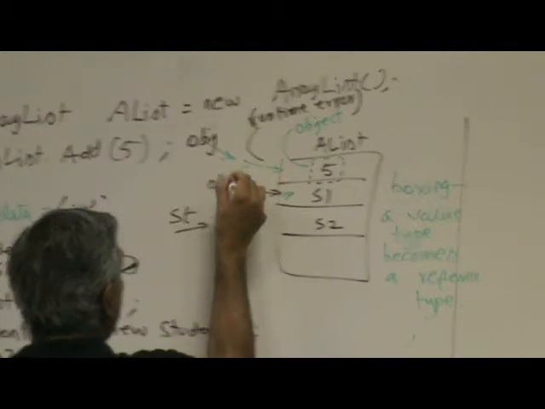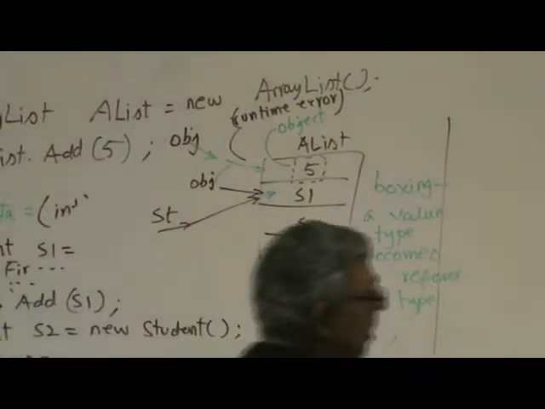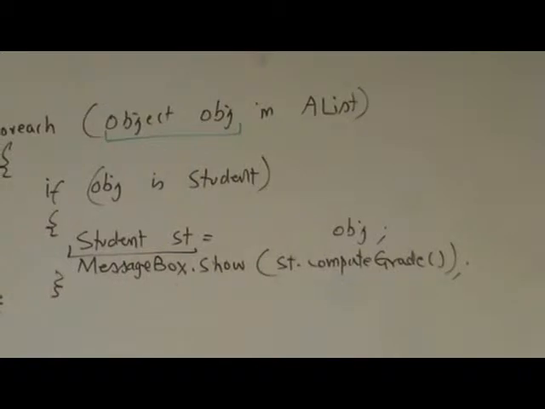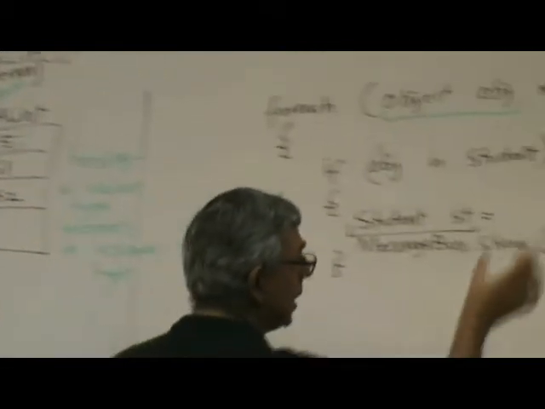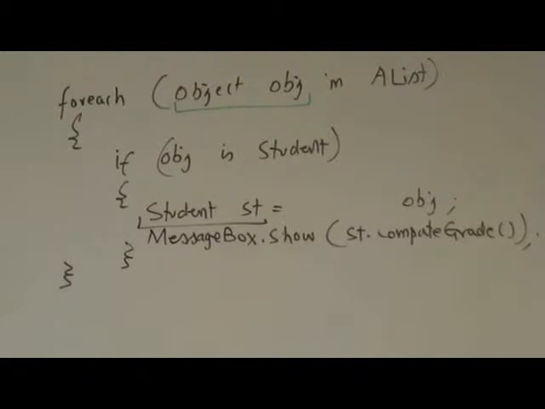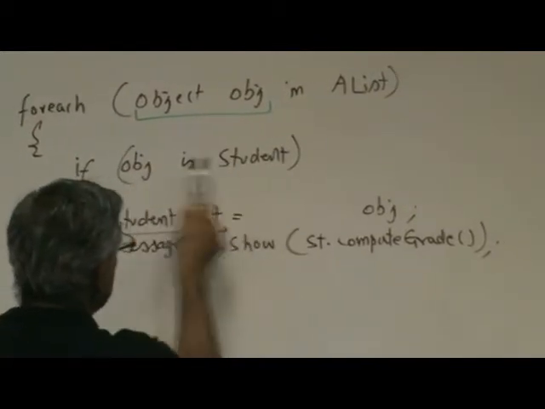If we simply say make st point to the same place as obj, will the compiler compile it? No, because the right side is object and the left side is student. But we know obj is indeed pointing to a student.